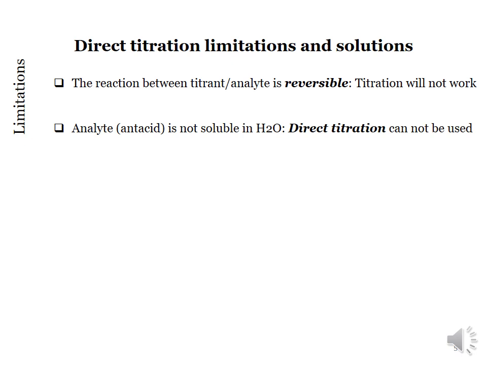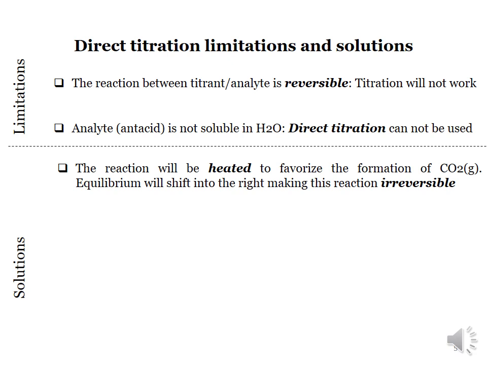Let's first start to find a solution for the first problem, that the reaction is reversible. We want to find a solution in order to make this reaction irreversible. How? By heating up.